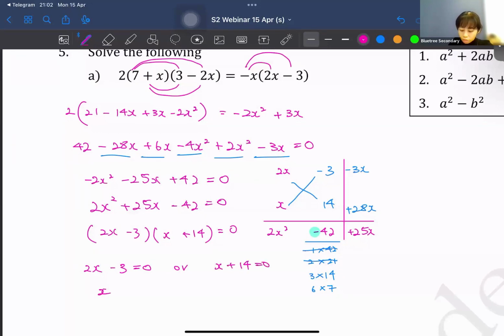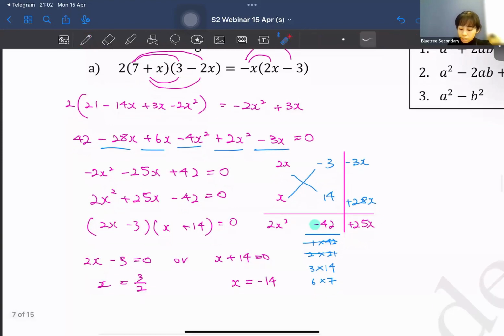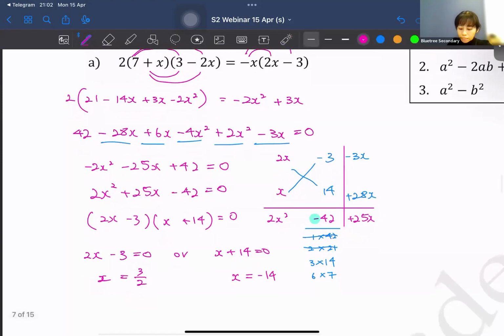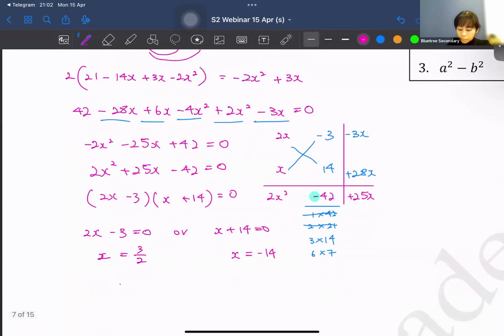So you have x equals to 3 over 2 or x equals to negative 14. If your answer is an improper fraction without any alphabet, please leave it in mixed numbers or decimal. If the decimal is like too long, then please leave it in just proper fraction, sorry.